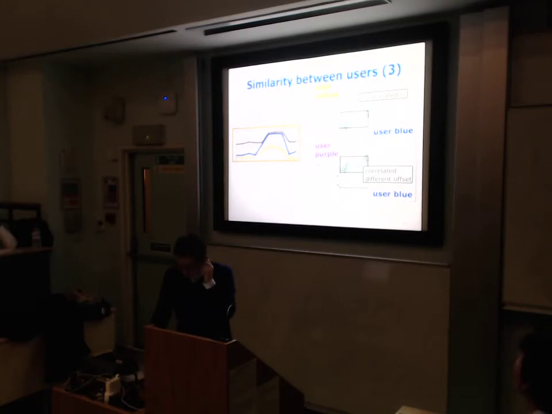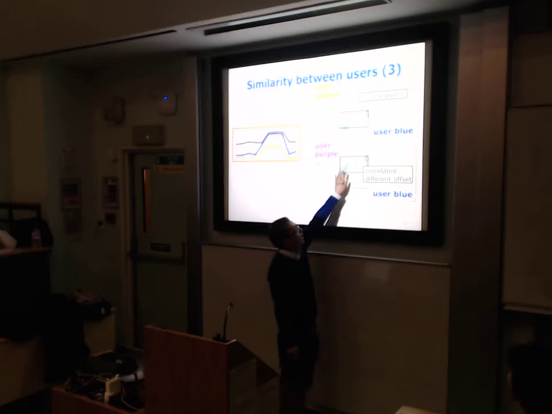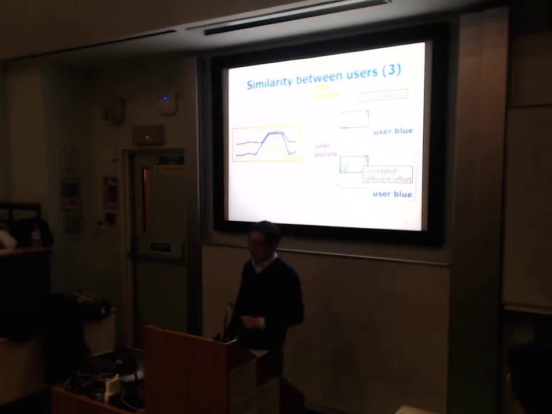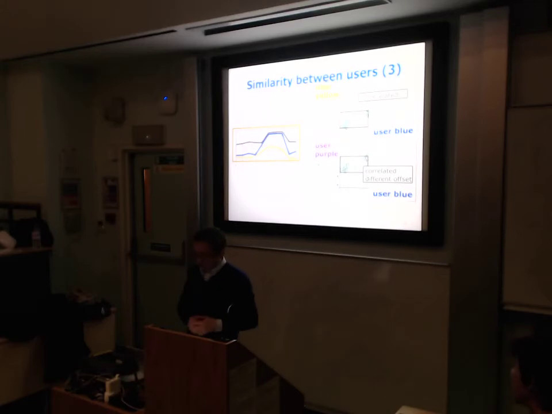For example, when the purple user has rating 5, the blue user might have a smaller rating. But the trend is there. If you rate higher, I will rate higher. If you rate lower, I will rate lower. So this still helps us make a prediction, but we probably need to take into account that users have a different offset.